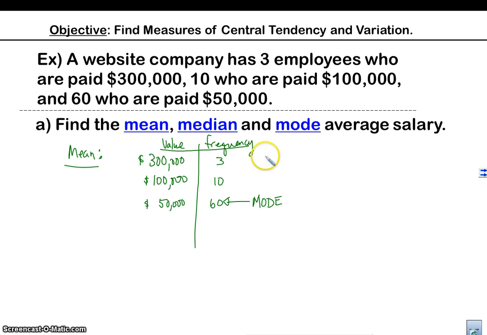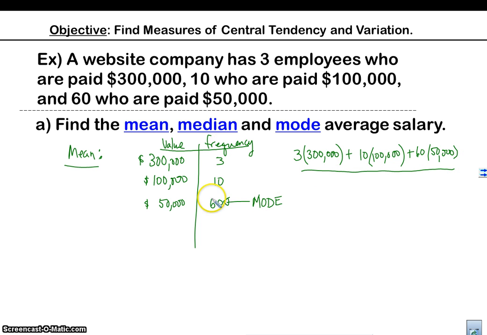What's the mean? Well, the mean is going to be the average of this. So I have 3 times 300,000, plus 10 times 100,000, because I have 10 of those, plus 60 of my 50,000s, divided by the total number of employees, which looks like 73.